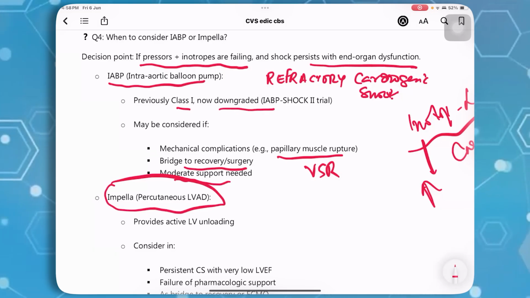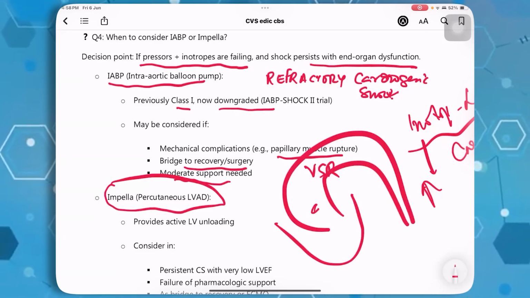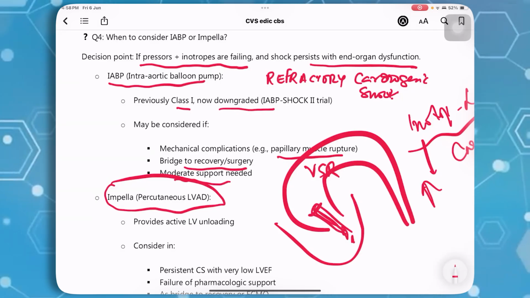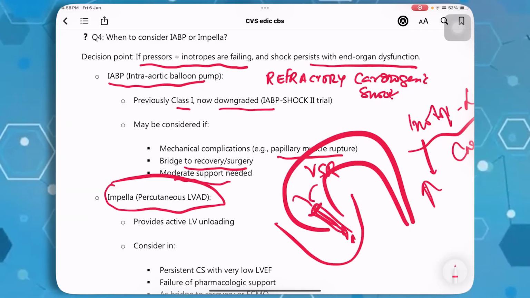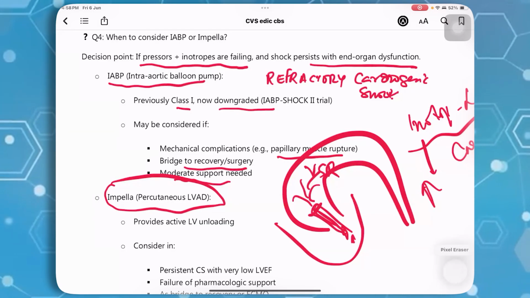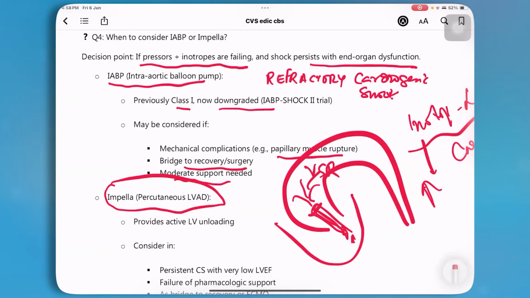Impella is basically a motor which is placed here. It takes blood from the left ventricle cavity and throws it into the aorta so that it is unloading the left ventricle. As much as it unloads, as much time the left ventricle gets to heal.